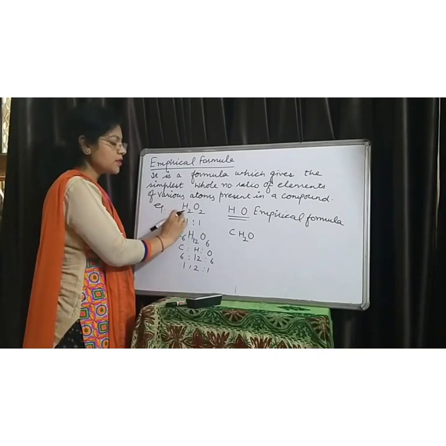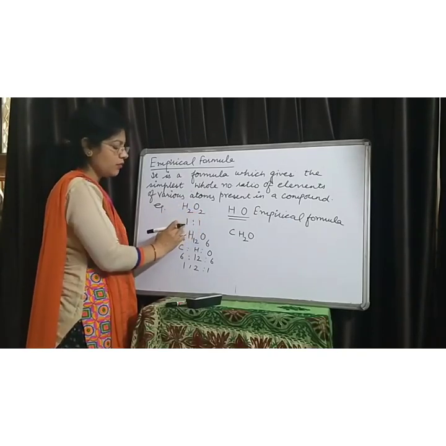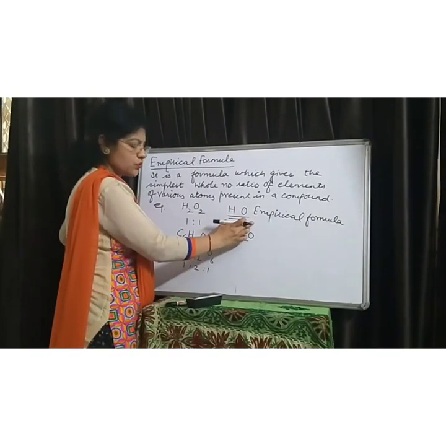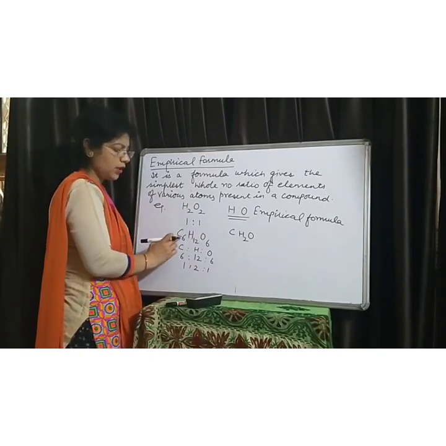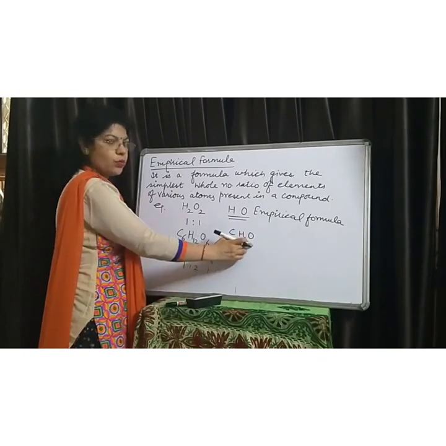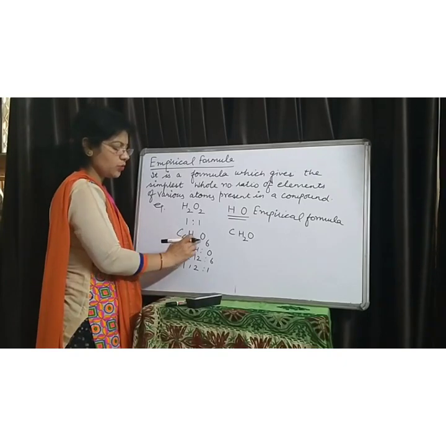Therefore, the simplest ratio of its atoms is 1:1, so its empirical formula is HO. Similarly, the empirical formula of glucose is CH2O, as the molecular formula is C6H12O6.